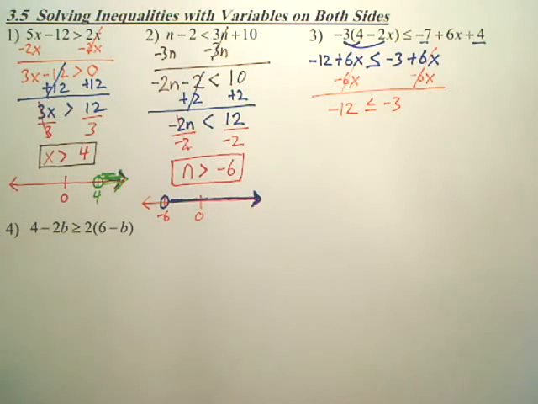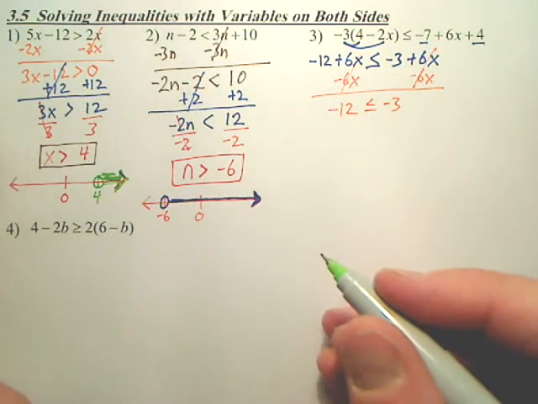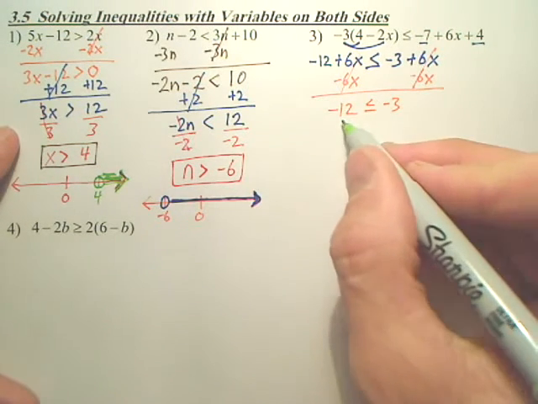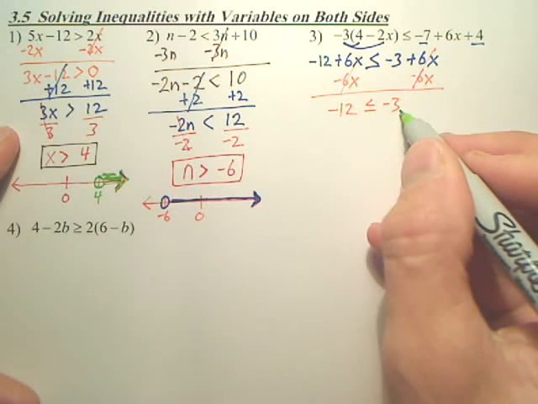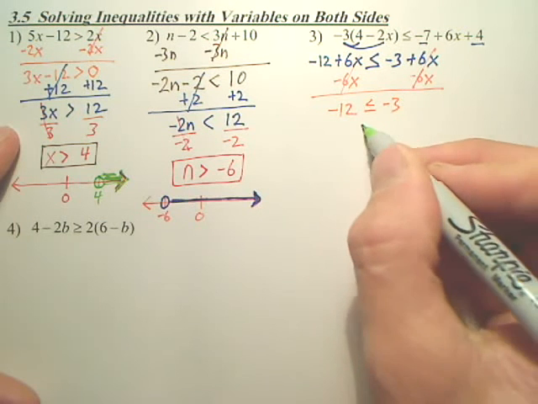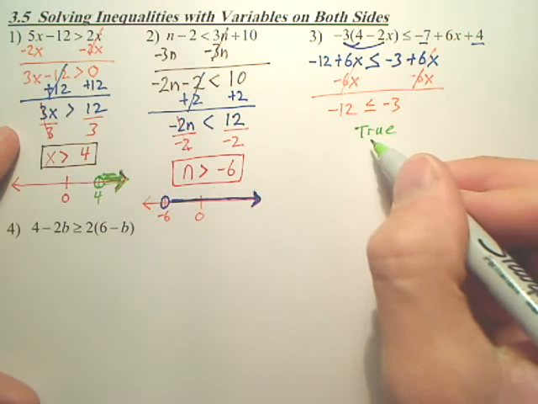Wait, did all the x's disappear? When all the x's disappear, something kind of went wrong. So the answer is either no solutions or all solutions. So, is this a true or false statement? Is negative 12 less than or equal to negative 3? Is that a true statement? That is a true statement.